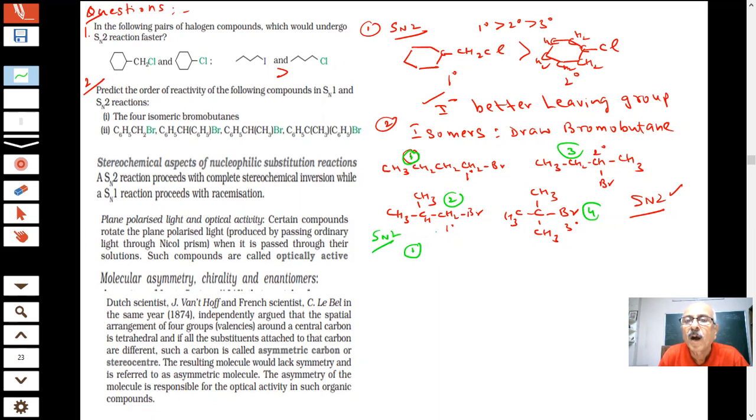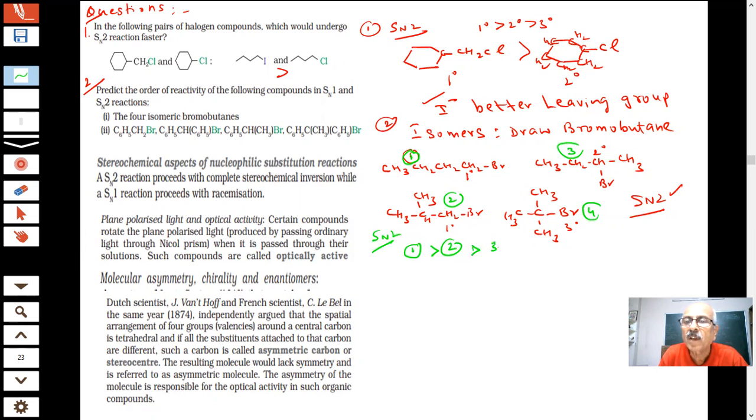After this is also 1 degree, but there is some steric hindrance here, not at this carbon, so this will be number 2. Number 3 is 2 degree. You can see 2 bulky groups on 2 sides.